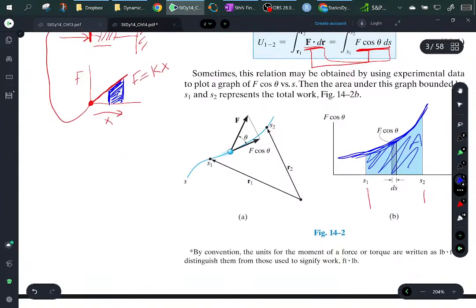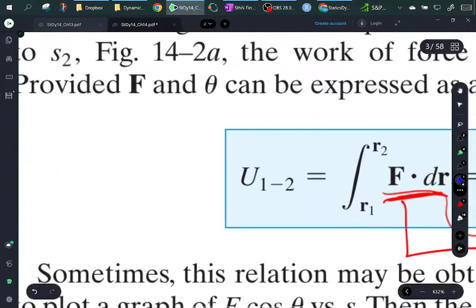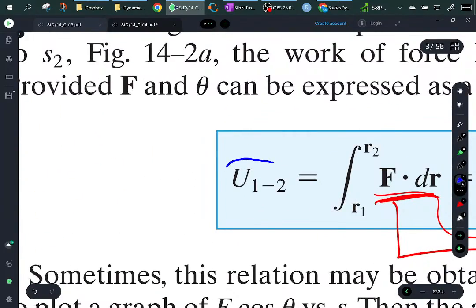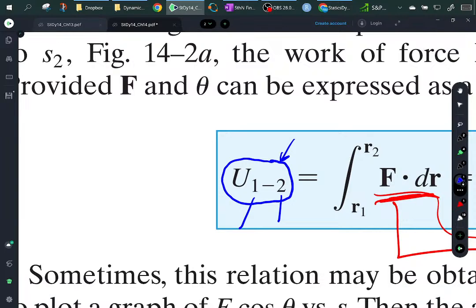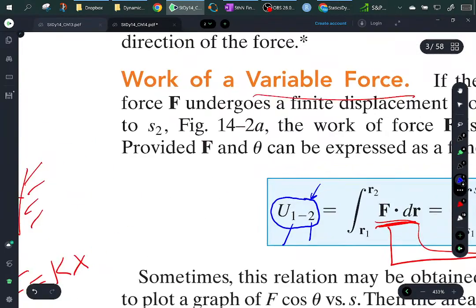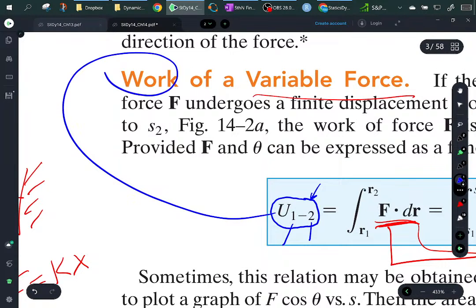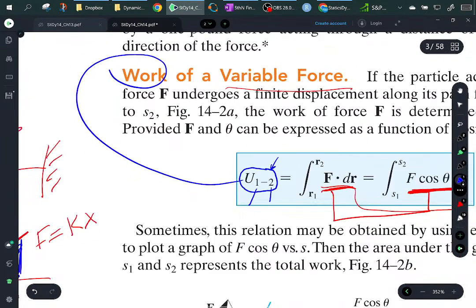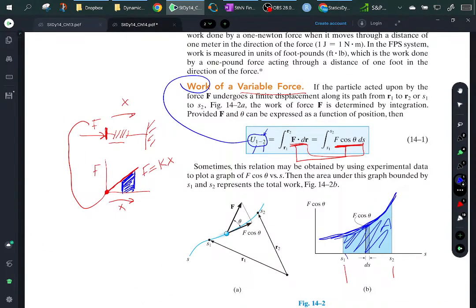That, in fact, is the energy taken to get from point 1 to point 2. That's a common thing he's talking about here. Let me take it back. He's using the term work of a variable force to go from state 1 to state 2. Nothing fancy.